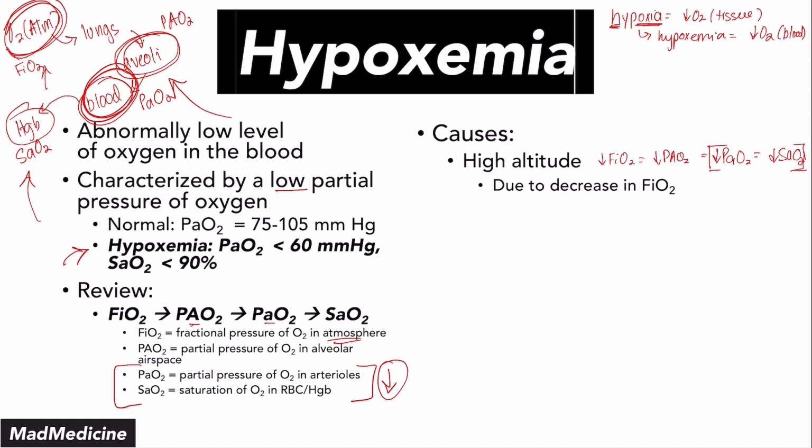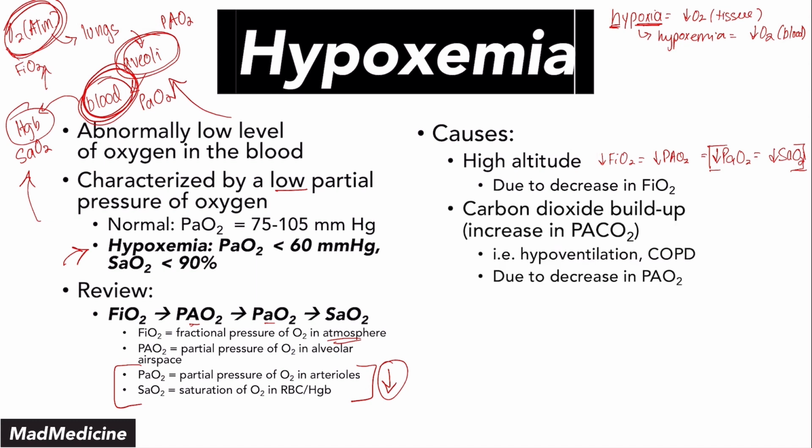So that's one thing. Well, what else can you block? Essentially, let's talk about our alveoli. Let's talk about what else can cause difficulty in getting oxygen in our alveoli. The next step of the pathway, that would be carbon dioxide buildup. In carbon dioxide buildup, aka hypoventilation or COPD, you are going to have an increase in PaCO2. Okay, not PaO2, but PaCO2.